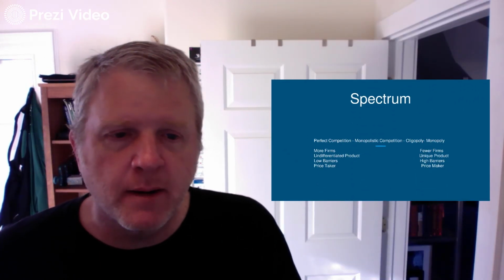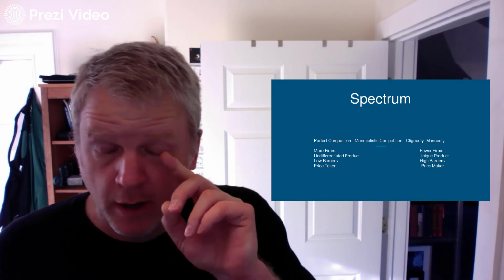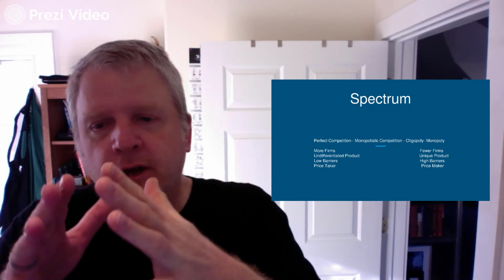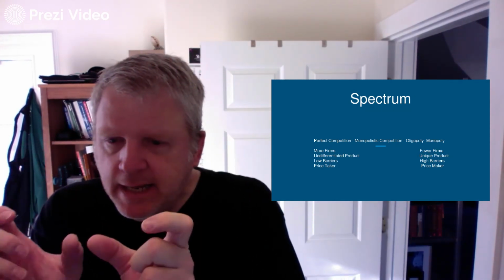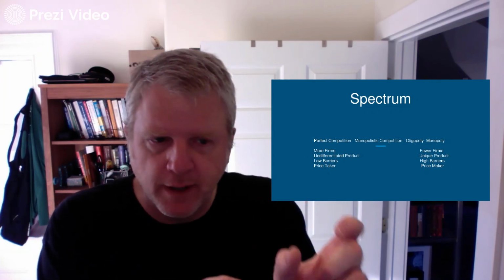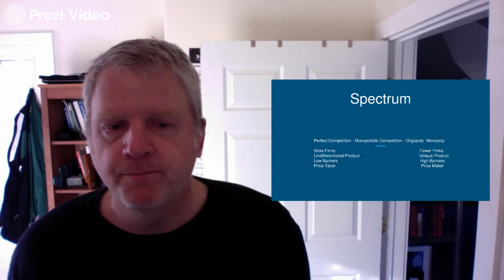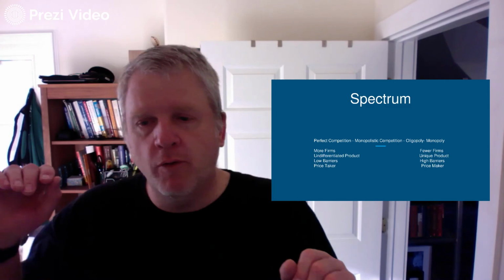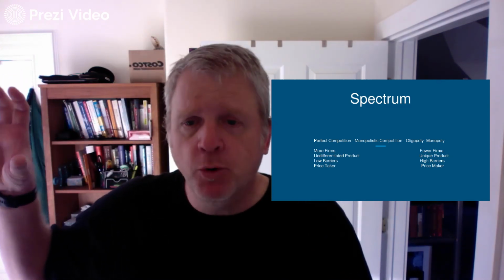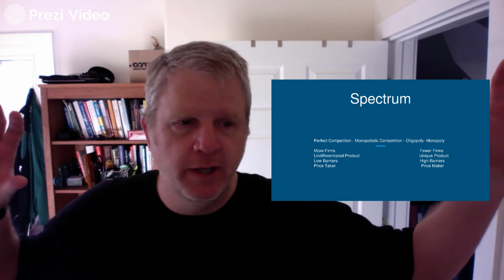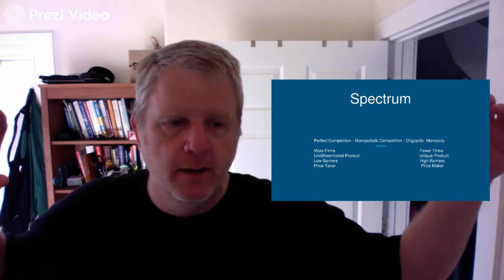So when we think about market types, I'd like you to think about these 4 categories, but I'd like you to think on a spectrum. Nothing fits neatly, perfectly into one of the 4 categories. So we think over on one edge of the spectrum, we have much more competitive markets. And then over on the other side, less competitive.